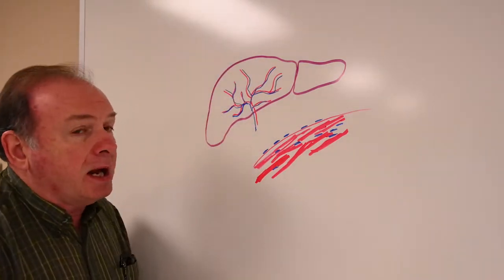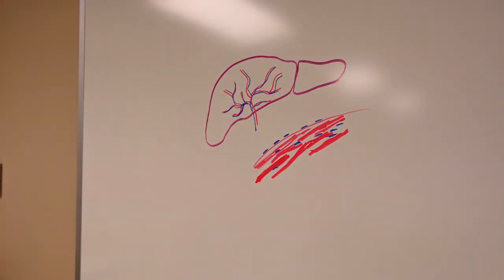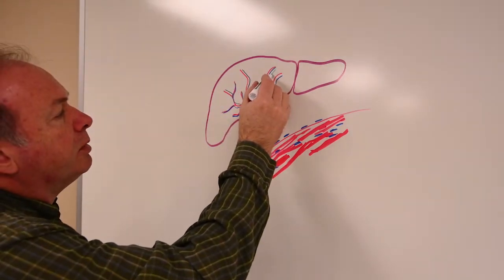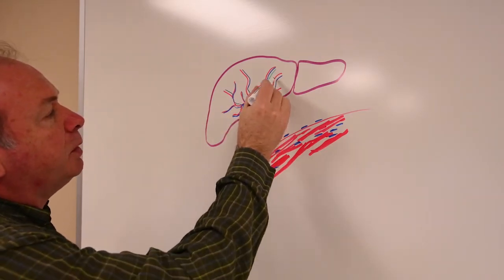At the same time, there are bile ducts that lead out the opposite direction. Bile is usually indicated in green, so here's a green line going out. So this is going out this way.